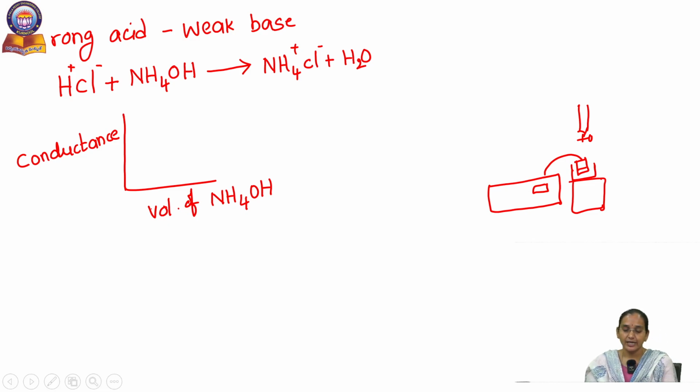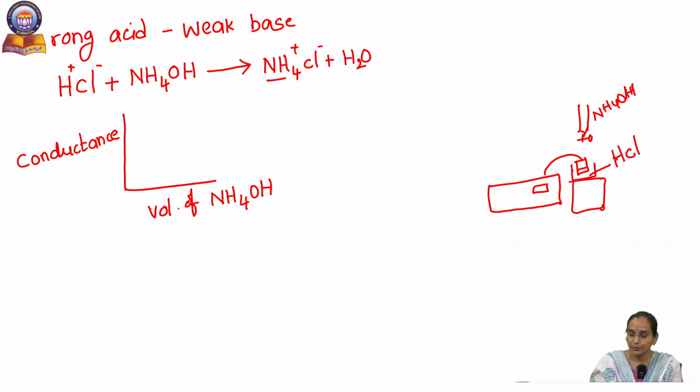Initially, with the addition of base ammonium hydroxide to the acid, it is a neutralization reaction, and it forms ammonium ion and chloride ion. So the number of ions decreases and also the ammonium ion number increases. It is a bulky ion and it doesn't have high mobility. So conductance decreases rapidly, and after neutralization of HCl, if we add ammonium hydroxide, the conductance remains constant.